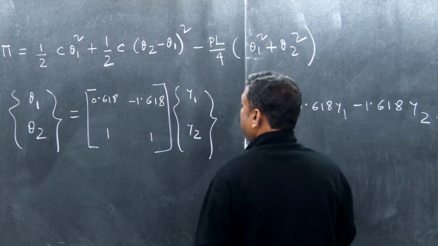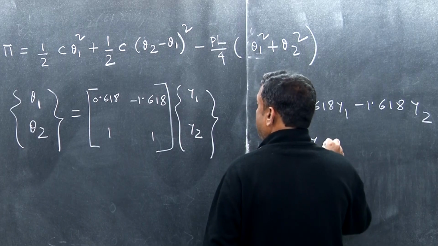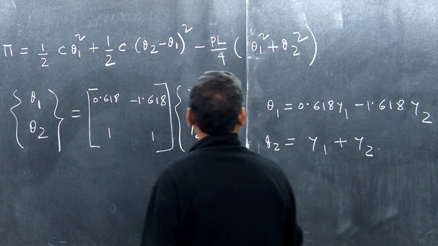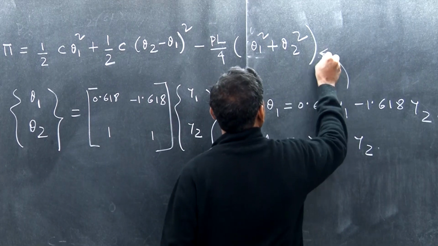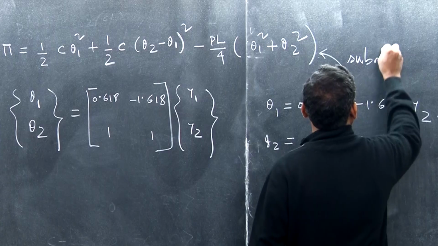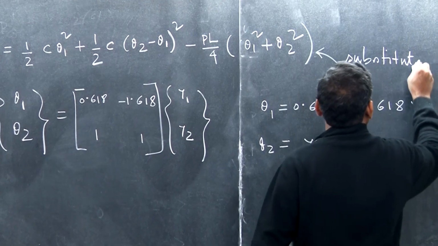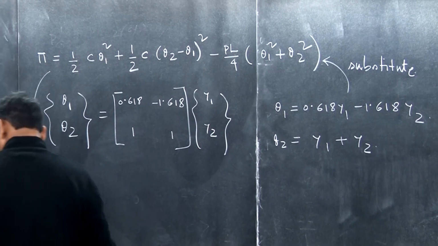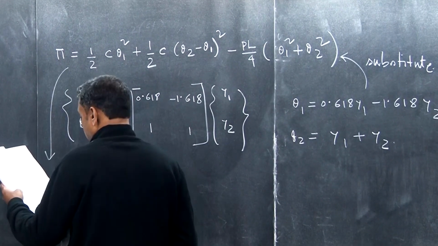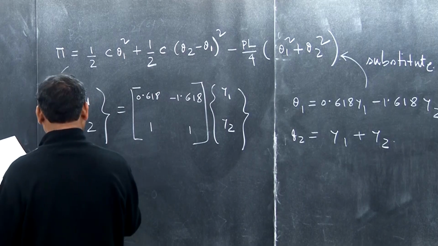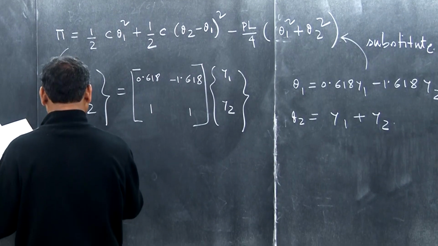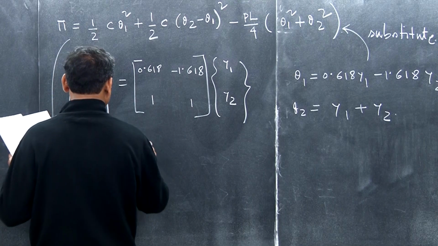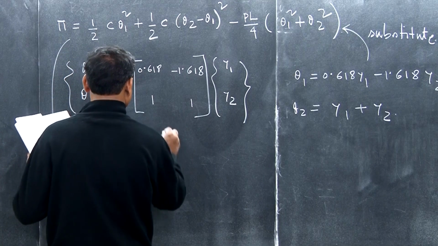It is a linear transformation. Then you substitute back into the potential energy expression, and you will get Pi as b1 y1 square plus b2 y2 square. I am not writing the coefficients, you can do that yourself.